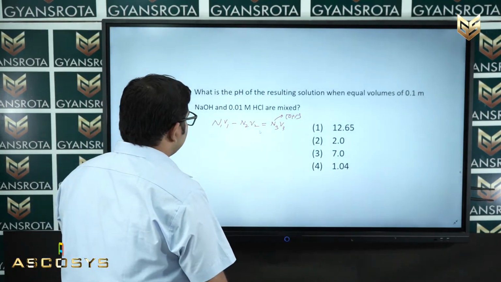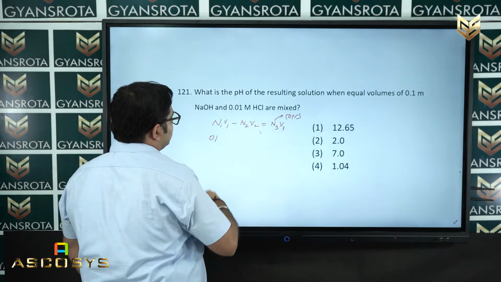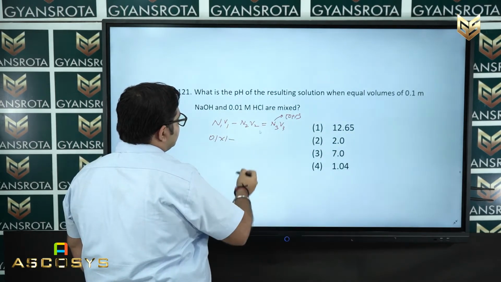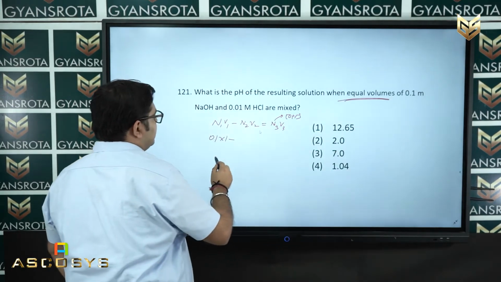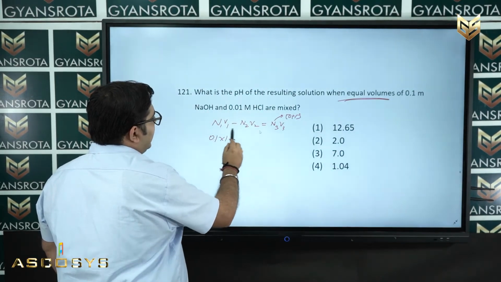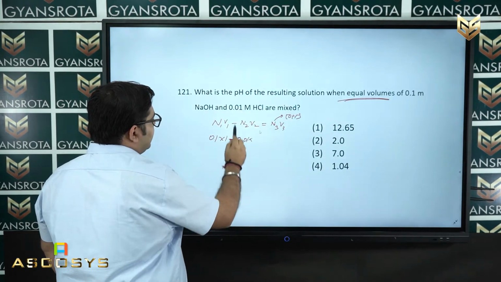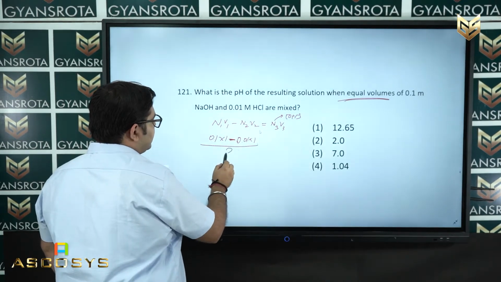Now, in the formula, what is the value of N1? That is 0.1, and V1 here is 1, because they are saying equal volumes, so 1 is to 1. For N2 we are taking 0.01, and V2 is 1 again, and the total volume is 1 plus 1, that is 2.